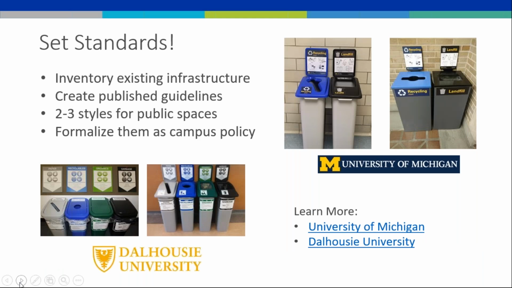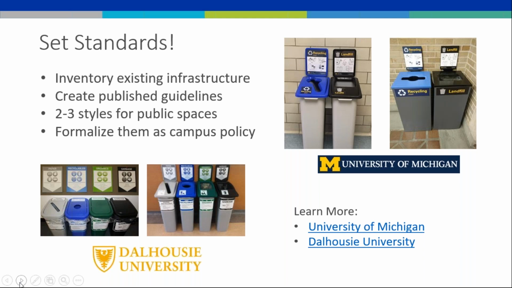Setting standards is very important. So the two examples I'll share here, one is from University of Michigan, another from Dalhousie University. In both cases, over time, they've put in place a new set of standards so that automatically all bins will be blue for recycling, or black for trash.